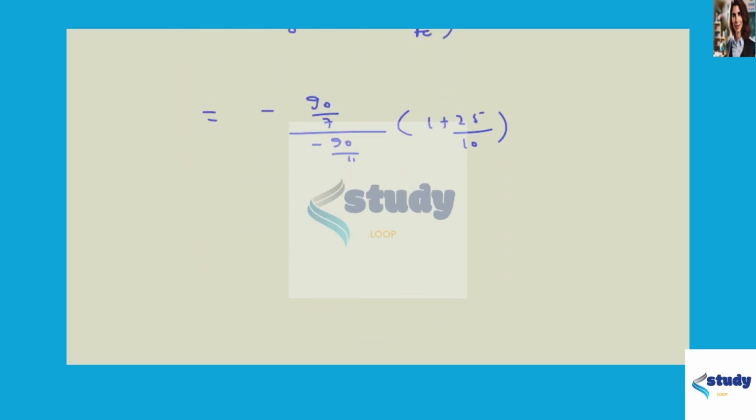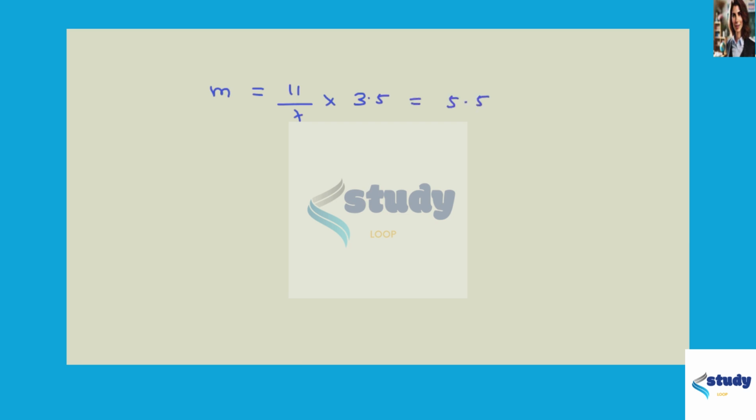On simplification, I can write the magnification of the compound microscope as 11 by 7 multiplied by 3.5, which is equal to 5.5. Now the minimum separation that I can distinguish, let it be x, which is equal to 0.22 by 5.5 mm, which is equal to 0.04 mm as the answer.